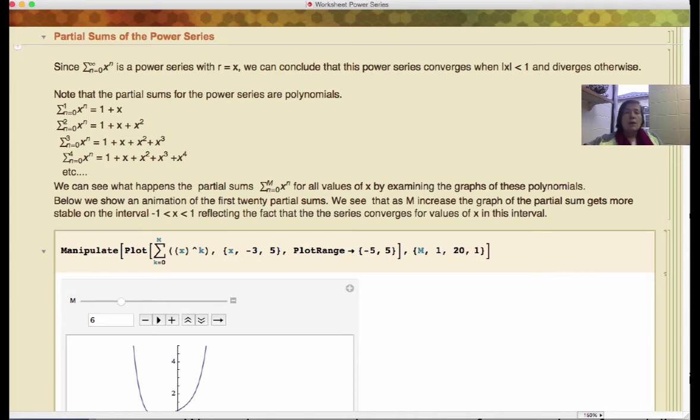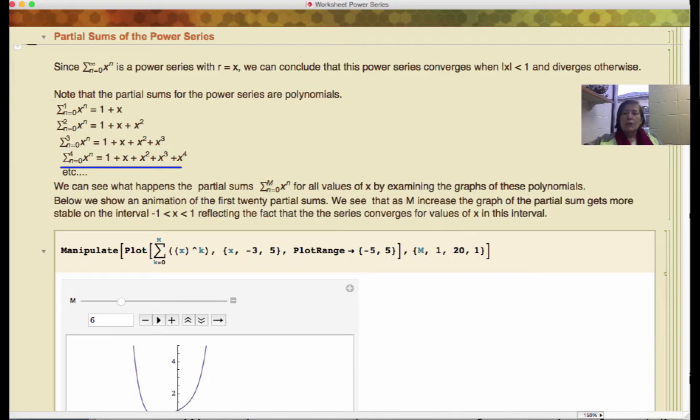Now, remember that a series converges if and only if the partial sums have a limit. And if we take the partial sums of this series as a function series, we get functions of x which are polynomials. The first partial sum, the sum from 0 to 1 of x to the n, is 1 plus x, and the next one is 1 plus x plus x squared, it's a quadratic. The next one is 1 plus x plus x squared plus x cubed, etc.